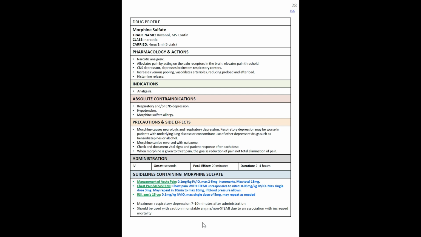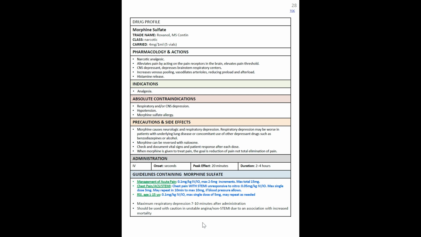Also, the respiratory and CNS depression that morphine may cause can become worse in patients with underlying disease, like lung disease, or if they're on any other co-ingestions like benzodiazepines or alcohol, or any other type of CNS depressant.